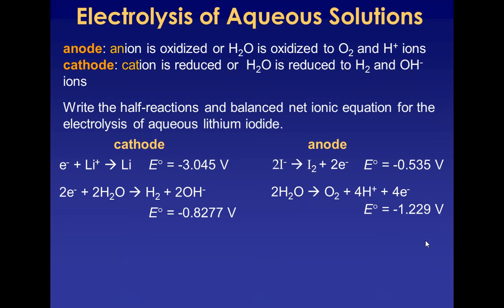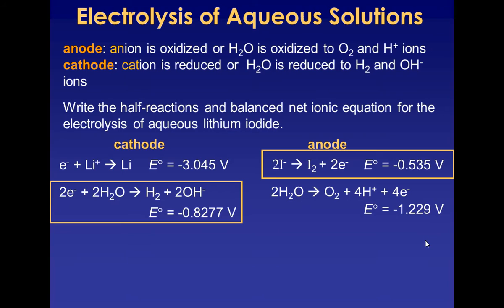Again, I want to use the half reaction that's going to require less voltage, less energy, to allow this reaction to proceed. So on the cathode side, I would want to use the water half reaction with the smaller cell potential. And on the anode side, I would want to use the iodide half reaction. When I combine those two together, they're going to require a little over 1 volt of energy.